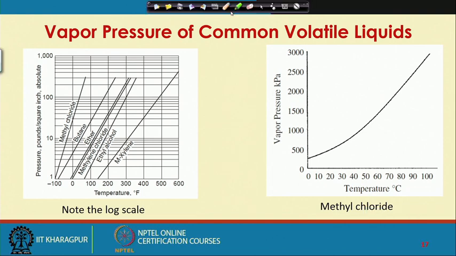This is a typical vapor pressure versus temperature relationship for methyl chloride, and here the temperature vapor pressure relationships are given for a set of volatile liquids such as methyl chloride, butane, ether, methylene chloride, ethyl alcohol, etc. Note that this scale is a logarithmic scale, and that is why the plots look linear, otherwise the relationship is non-linear.